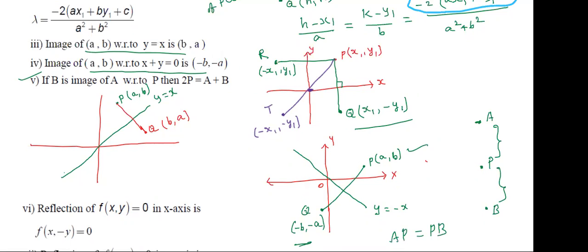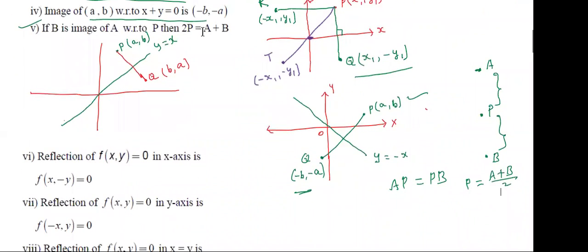So in this case, we will say that P is the midpoint of AB, or not? So I am going to write P is equal to A plus B by 2. Midpoint means x1 plus x2 by 2, y1 plus y2 by 2, the formula. So P is equal to A plus B by 2 means 2P is equal to A plus B. This is the formula.